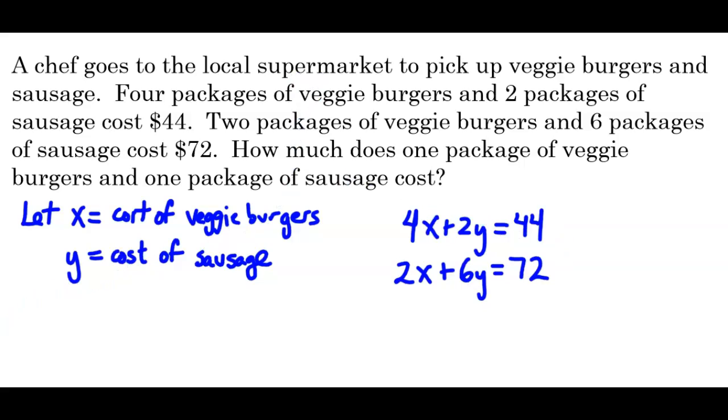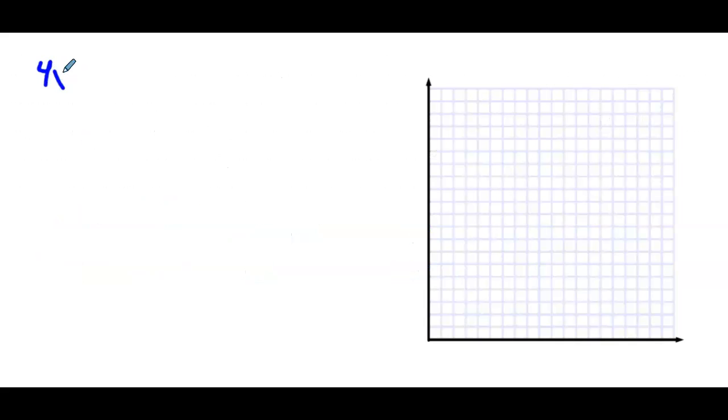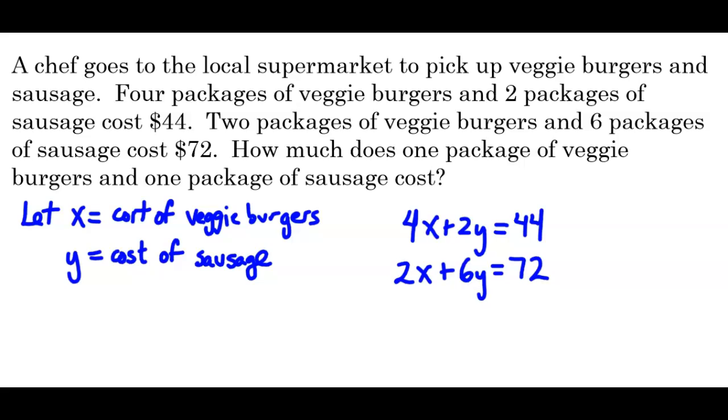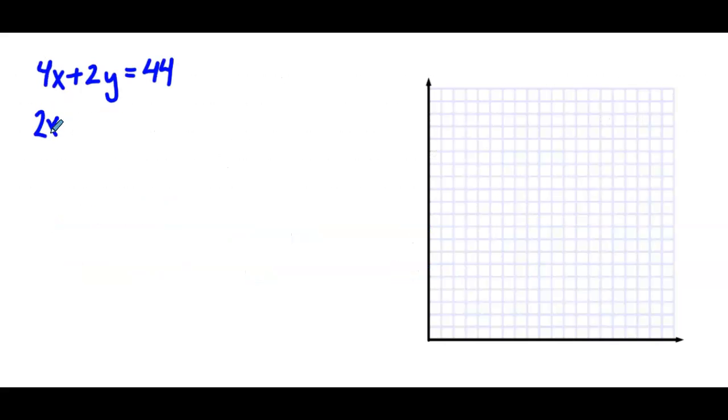So now let's go to our graph. So 4x plus 2y equals 44. And let me just check on that other equation. 2x plus 6y equals 72.